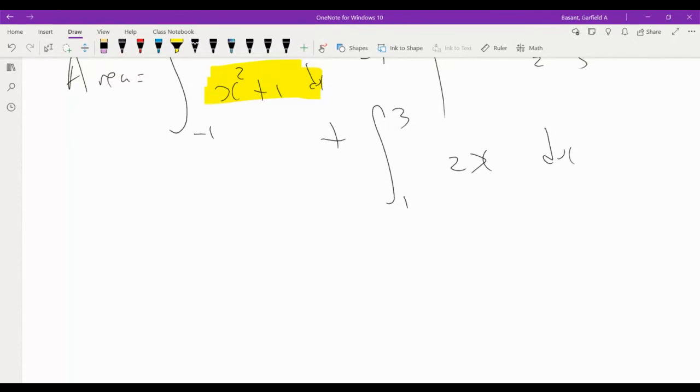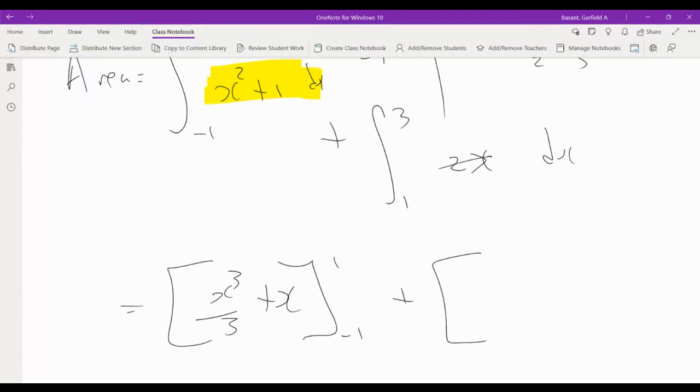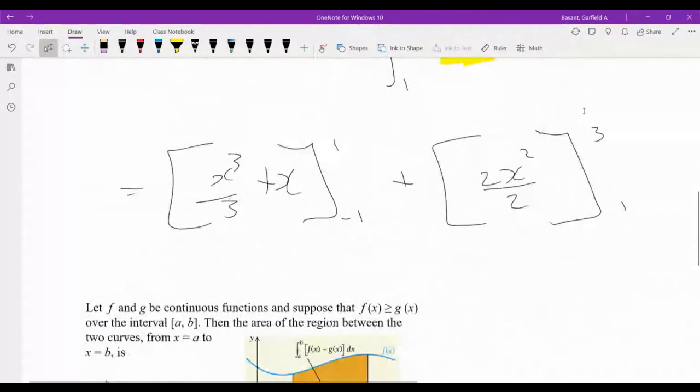So this becomes x to the third over 3 plus x, from -1 to 1, plus. Now we take the antiderivative of the 2x, which becomes 2x squared over 2, and we're going to do that from 1 to 3. Now the 2's here will cancel.